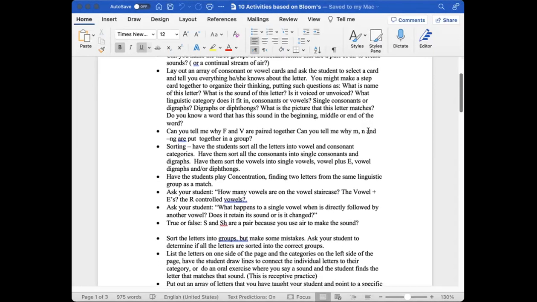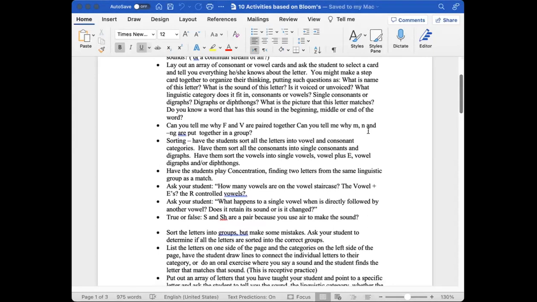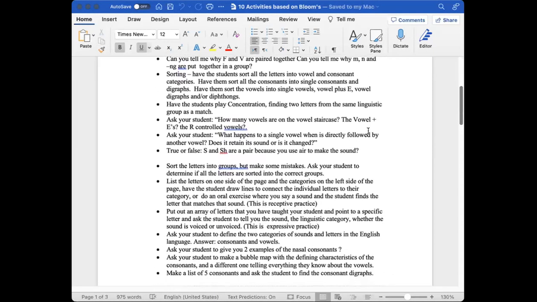Or can you have all of the consonants and the vowels out and sort them into 2 categories, consonants and vowels? Or can you play concentration and have the students connect 2 letters that are a partner?